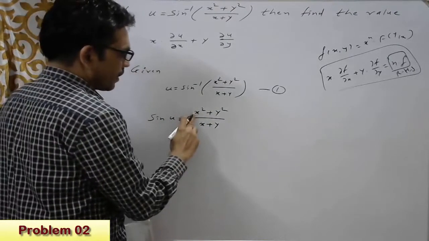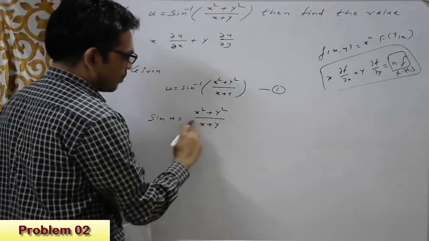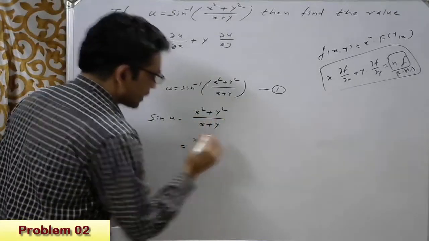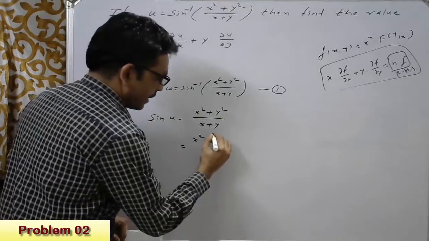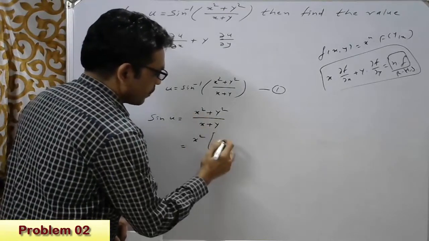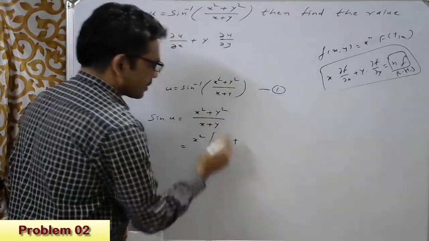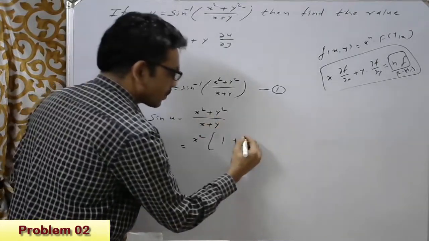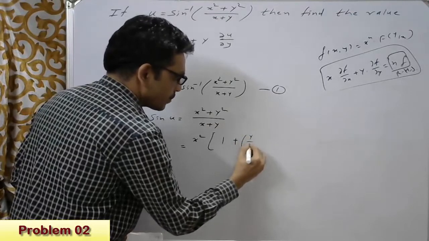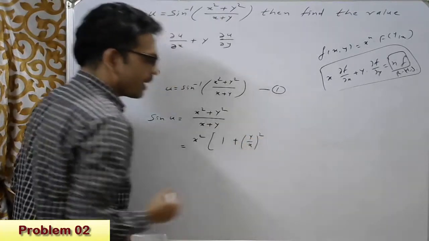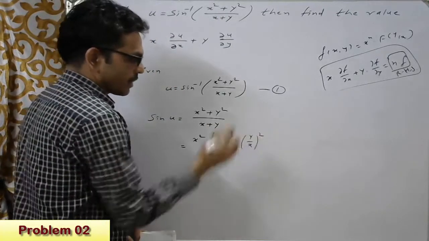Here in x square plus y square, we take x square common, then in the bracket x square divided by x square is 1, plus y square divided by x square, which is (y by x) whole square.